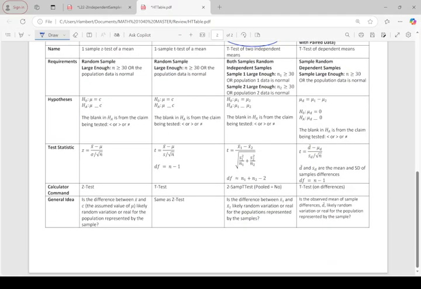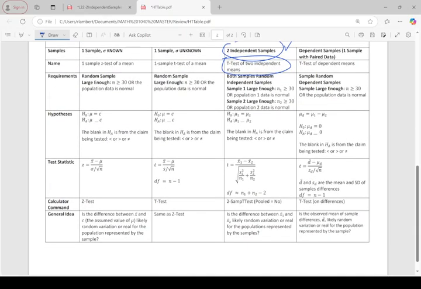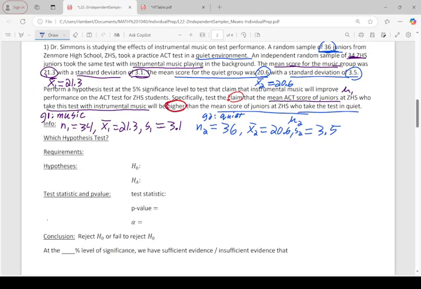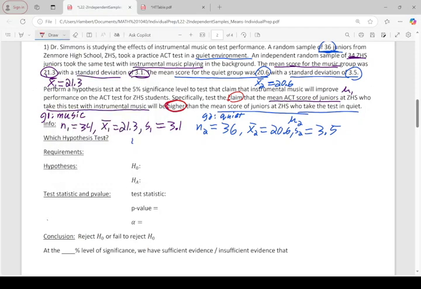So we're going to be doing a t-test of 2 independent means. I need a new color. Two samples, they're independent samples, and we're testing means.